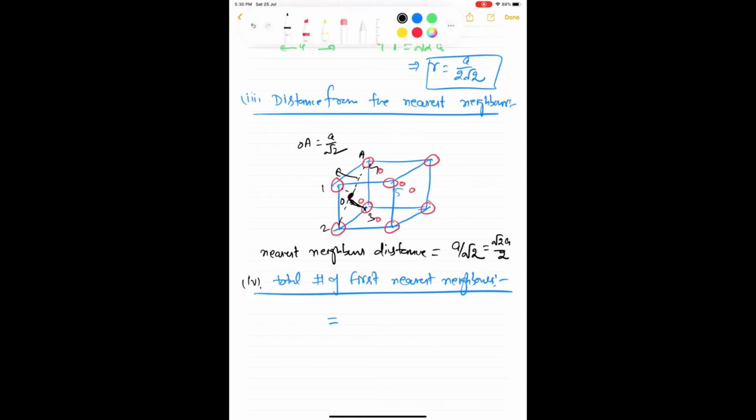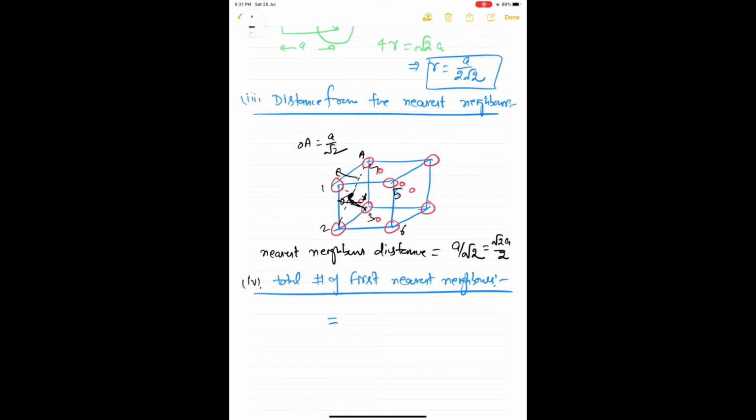So this face 1 2 6 5, the atom present at the center of this face is also situated at the same distance, because we have to travel a by 2 distance in this direction, and a by 2 in this direction. So ultimately the distance between the O atom, which I marked in the beginning, and this particular atom is again a by root 2. Similarly we can find out others.